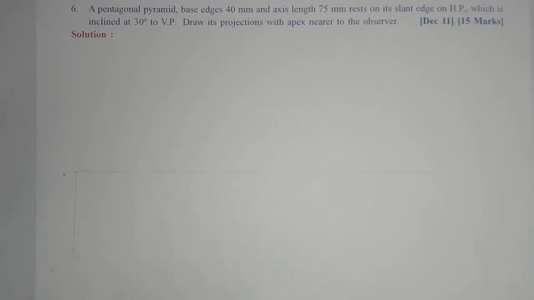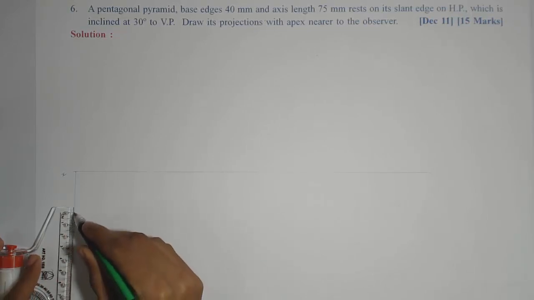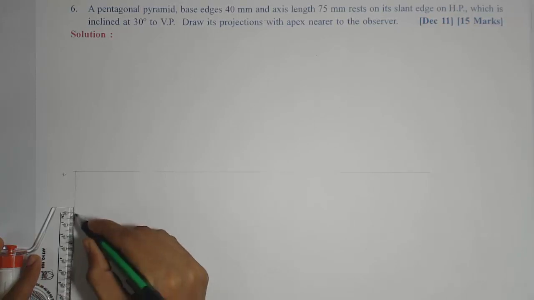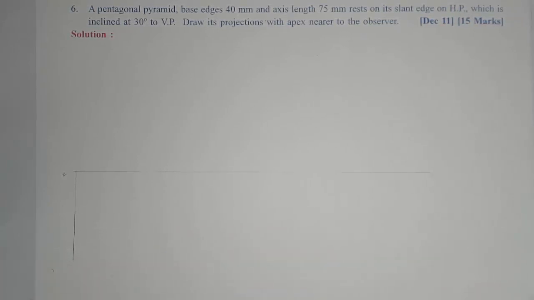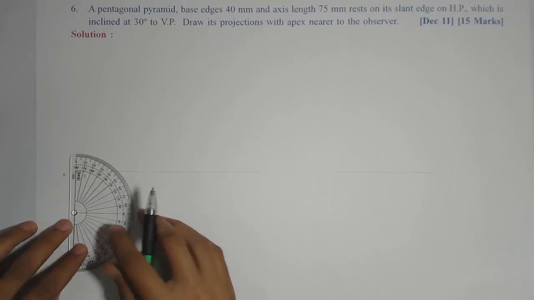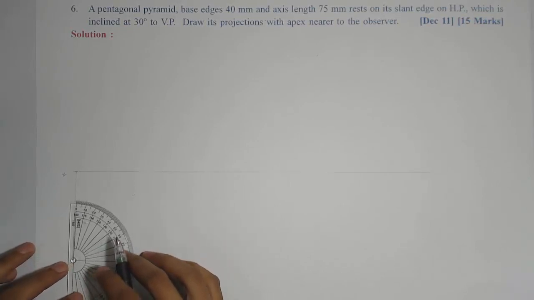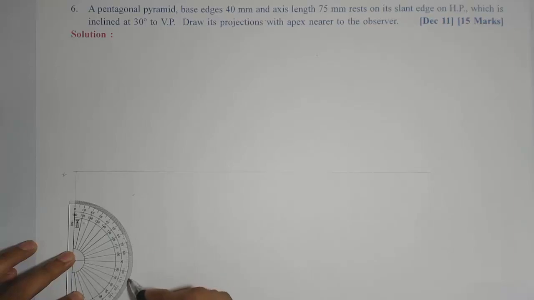We'll first have the base edge which is 40 mm by keeping some distance below XY line. It's 40. I will measure the angle 108 for pentagon. Again be careful while measuring the angles. 108 on this side, and 108 on again this side.